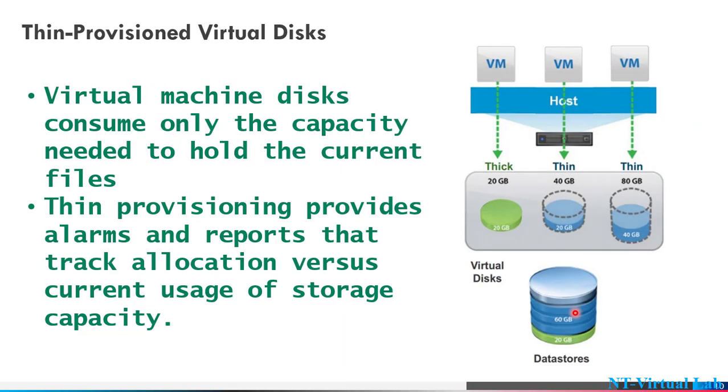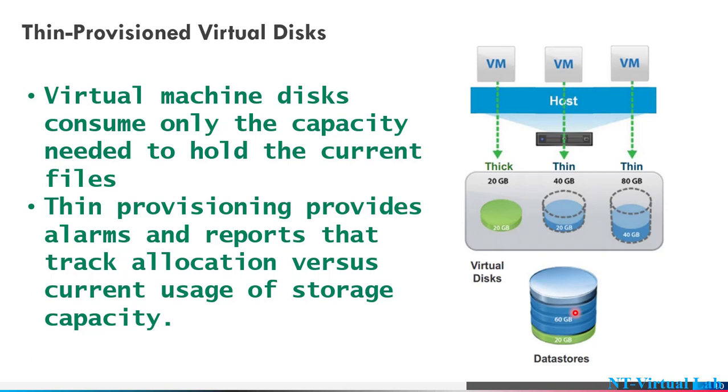Another one is thin provisioning. That virtual disk consumes only the capacity needed to hold the current files. So this virtual machine cannot consume all the space. It consumes according to the files inside that virtual hard drive. And an alarm system alerts you about the provisioned space and storage capacity.